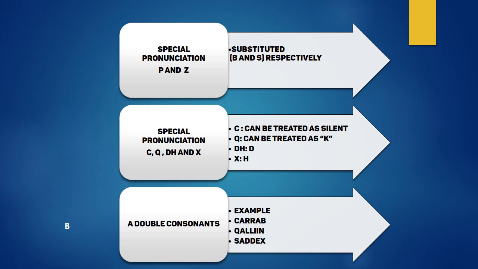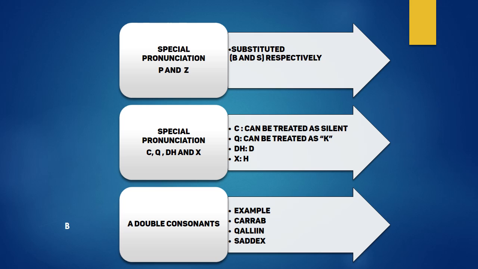Q is Qa in the Somali language, like in Quran or the country Qatar. In English, those two examples are considered as letter K, so Quran and Qatar are pronounced that way.